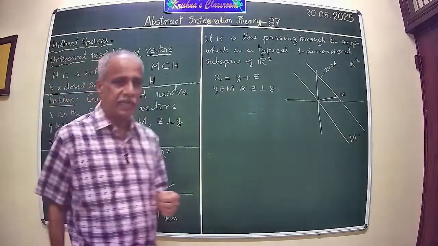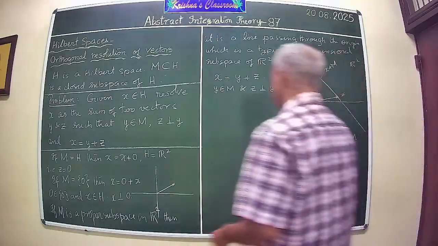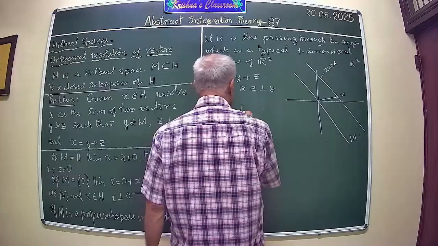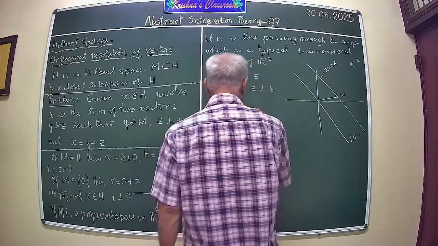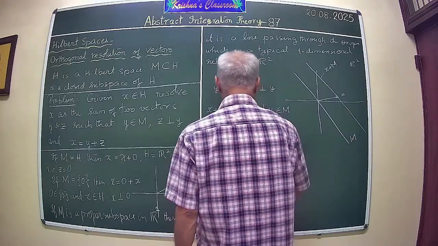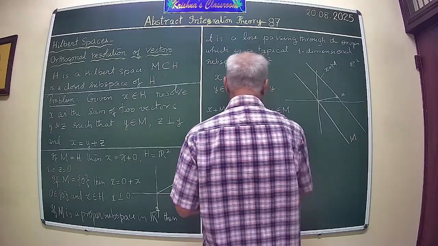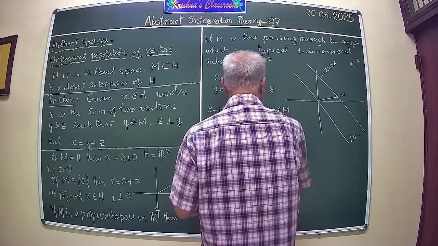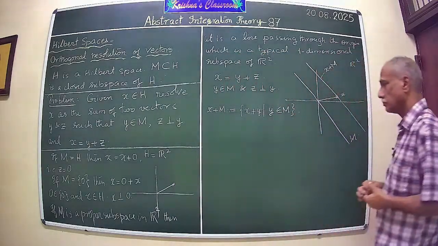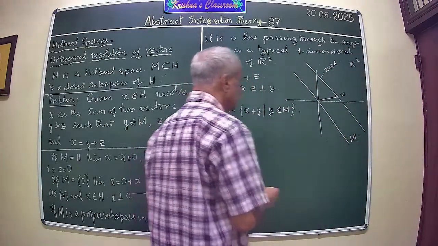It's a line parallel to the given subspace M, and is usually designated by x plus M.